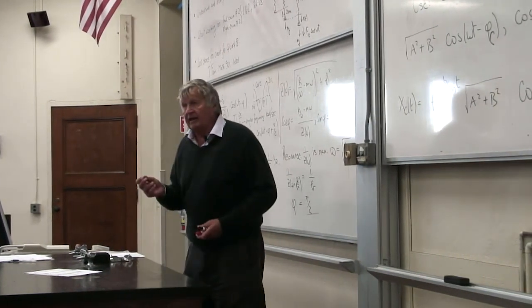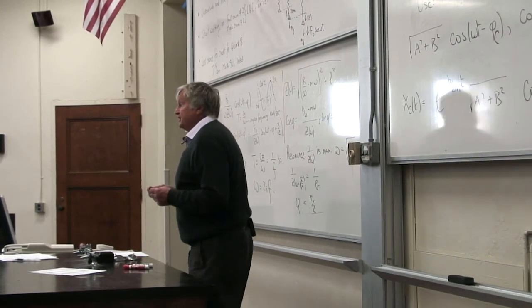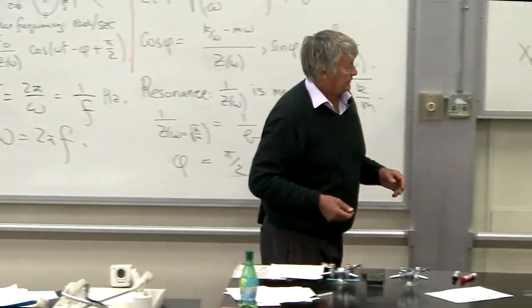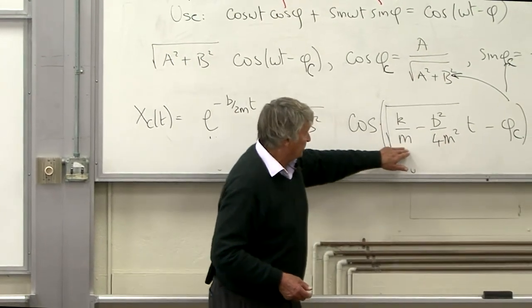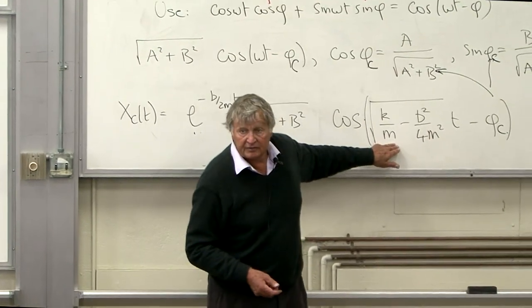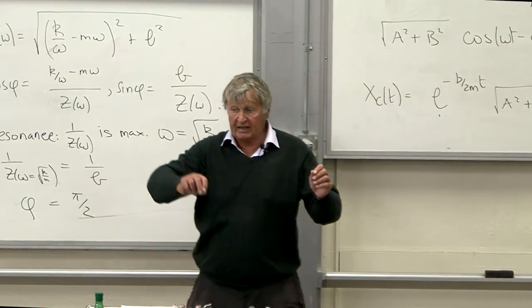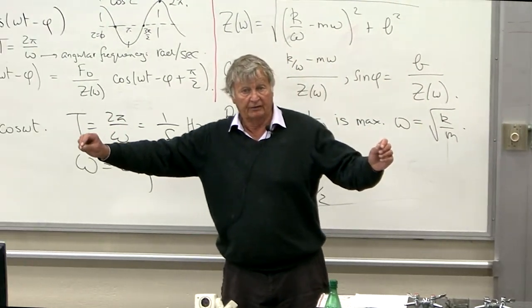Okay, nevertheless, even though this isn't periodic, it has repeating structure. For instance, the maxima of this will be 2 pi divided by this frequency apart. The maxima, of course, will decay. They'll get less big as time goes on.